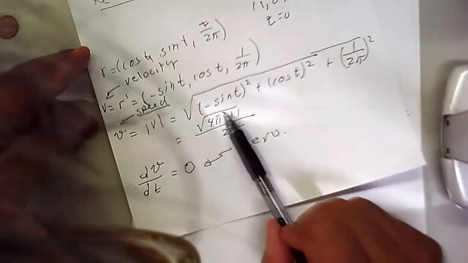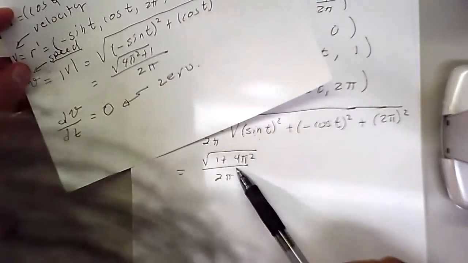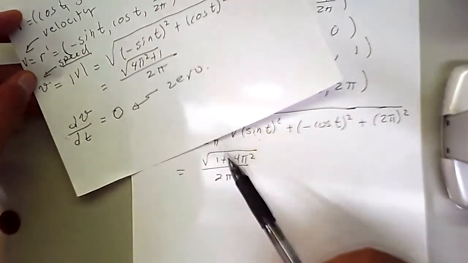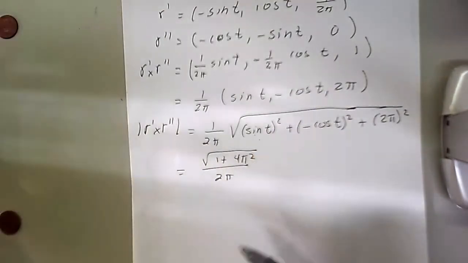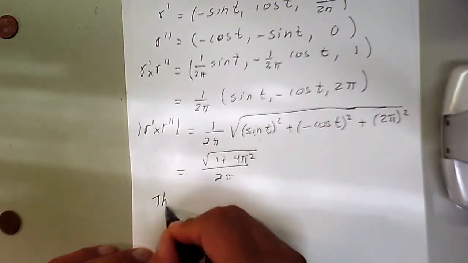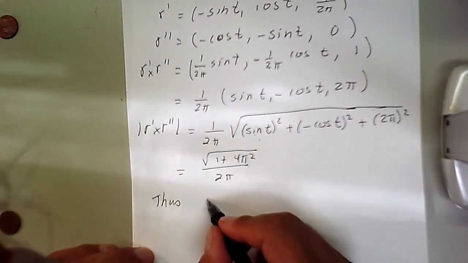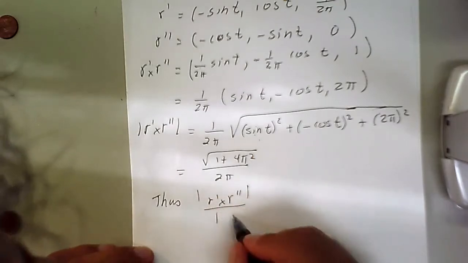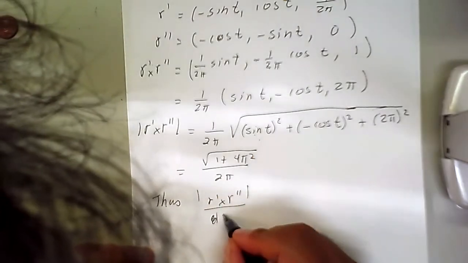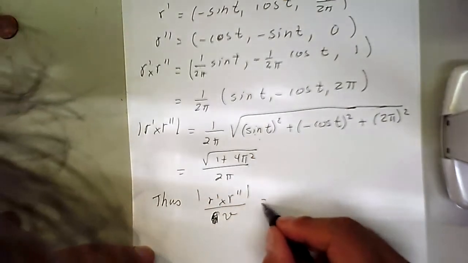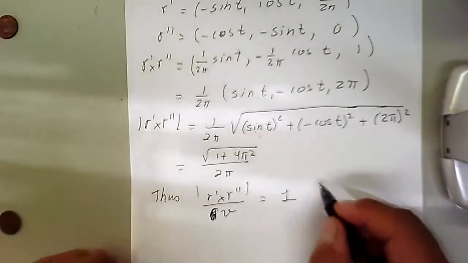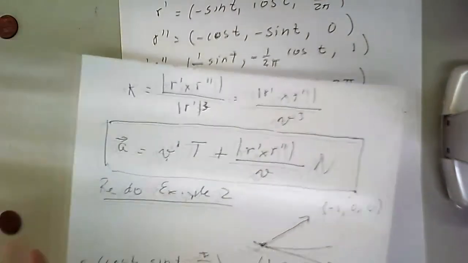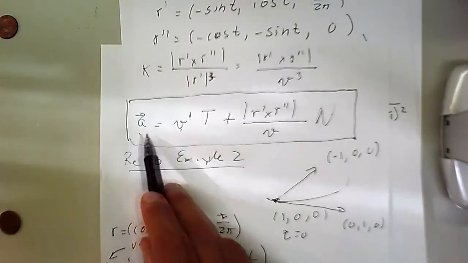I apologize for saying velocity. So it is this number, which happens to coincide with this. It is the same number. So when we divide R prime cross R double prime by the speed, we end up with 1, which means that the contribution of the normal vector to the acceleration is 1.